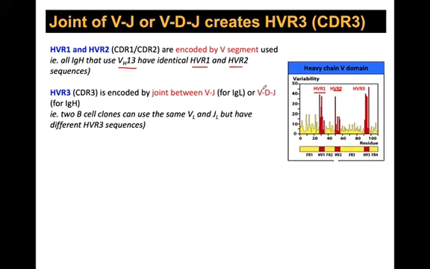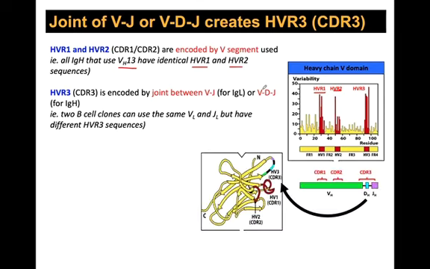The HVR3 or the CDR3, and in this class we're not going to really differentiate between the two. Remember, they came about from different methods, but the CDR3 is the joint between the V to J for the light chain or the joint between the V to D to J for the heavy chain. So 2 B cell clones that used VH13 will have the same HVR1 and HVR2, but a different HVR3.